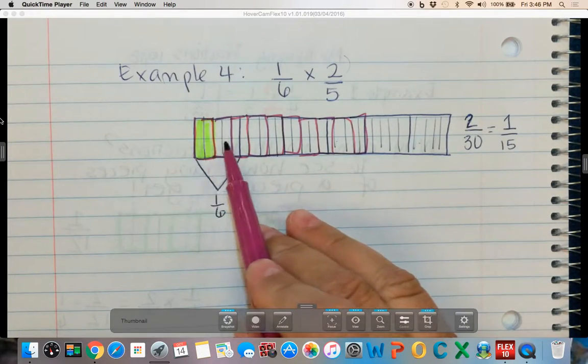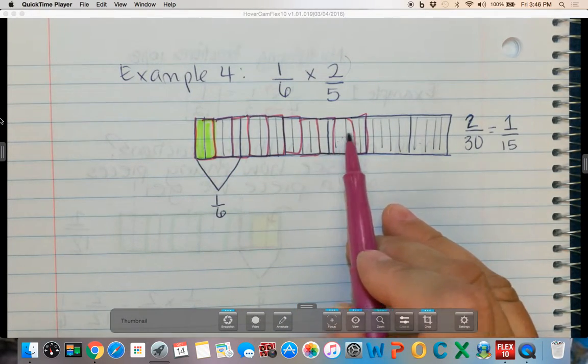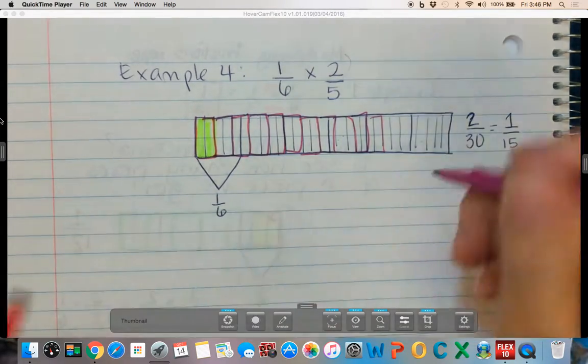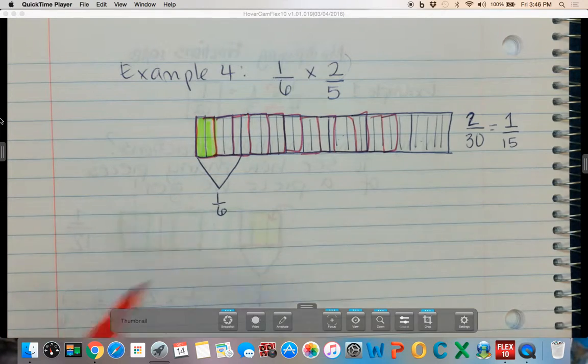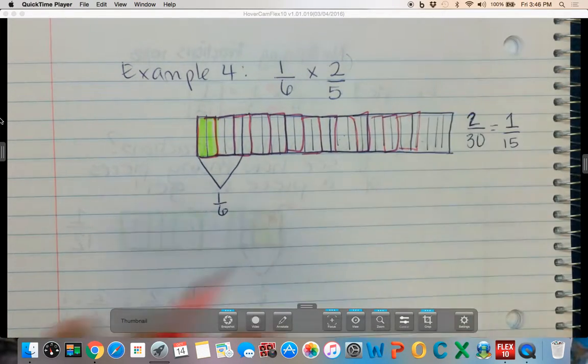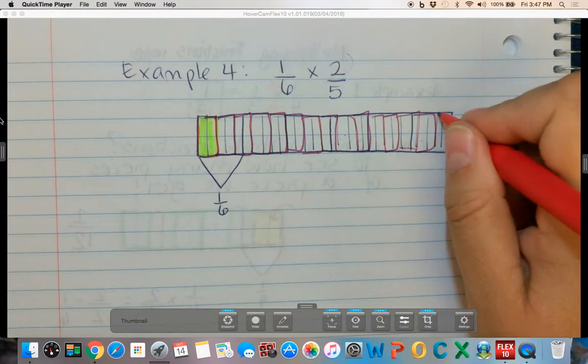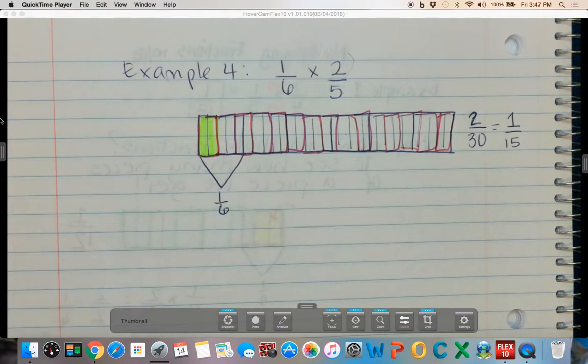How many so far? 1, 2, 3, 4, 5, 6, 7, 8, 9, 10, 11, 12, 13, 14, 15. One of the 15 groups.